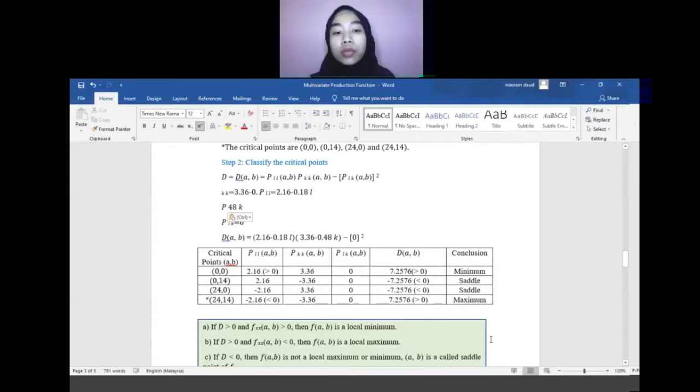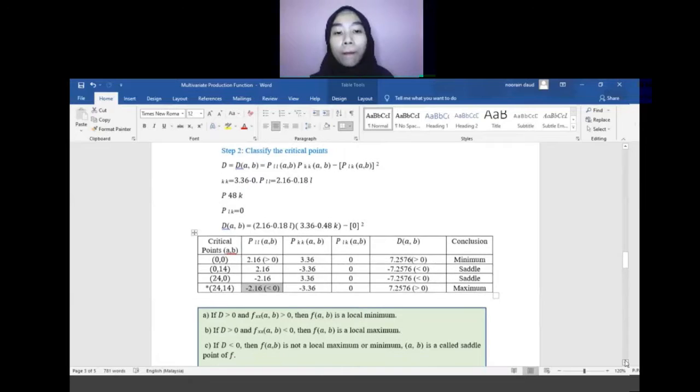It's called a saddle. So critical points (0, 14) and (24, 0) are saddles. For the last one, critical point (24, 14), we get these values when we enter the critical point into the equations, and D is more than 0. So from the definition of B, if D is more than 0 and f_xx is less than 0, the function f has a local maximum.